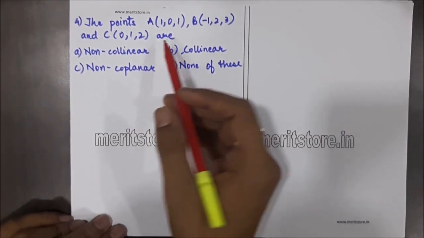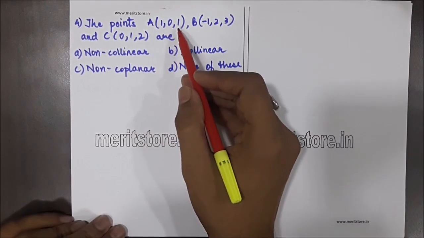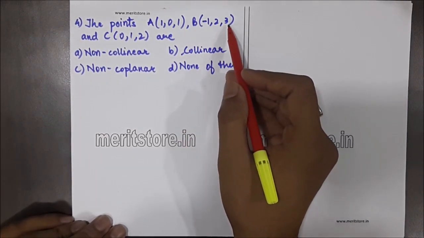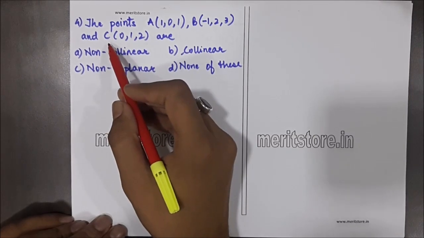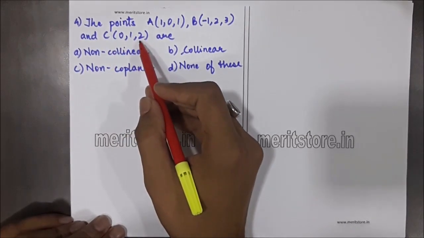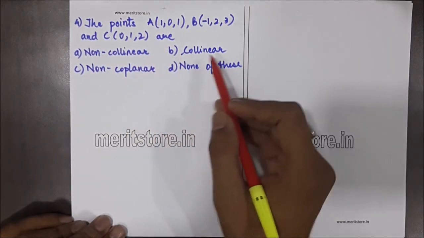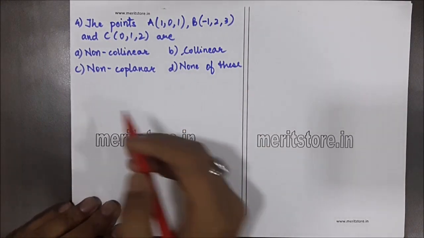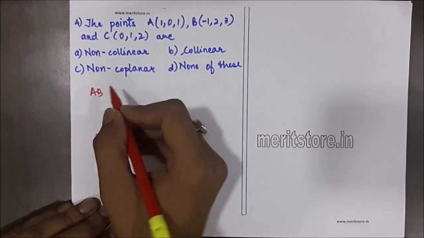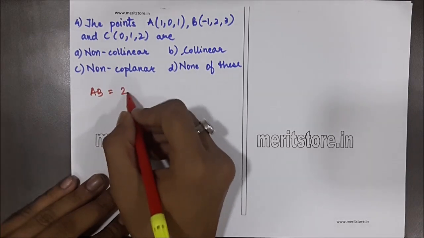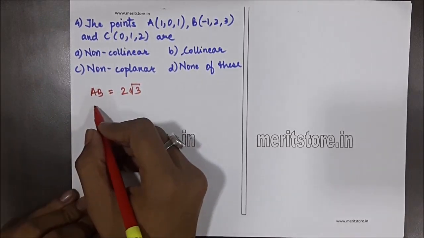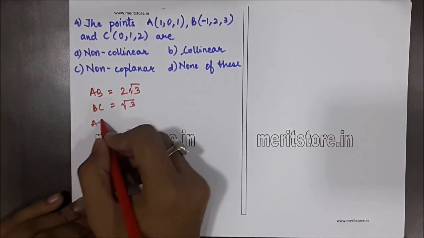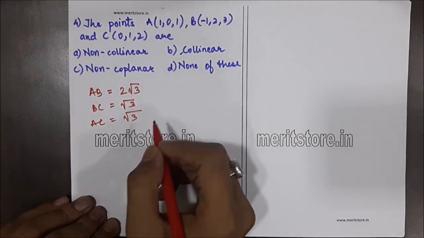The point A having coordinates (1, 0, 1), point B having coordinates (-1, 2, 3) and point C having coordinates (0, 1, 2) are: non-collinear, collinear, non-coplanar or none of these. Okay, we know that here AB is equal to 2 under root 3, BC is equal to root 3, and AC is equal to root 3.